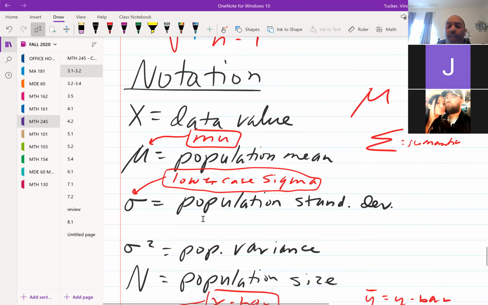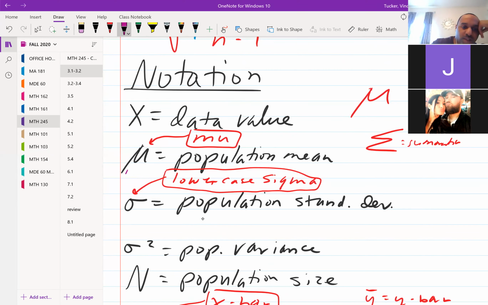So now when we look at notation, when it comes to statistics, notation will matter, because seeing certain notation will let you know whether you're dealing with a population or a sample. So the data value, your data value will always be x. And here we have this kind of like a u symbol, but actually it is the Greek letter mu.